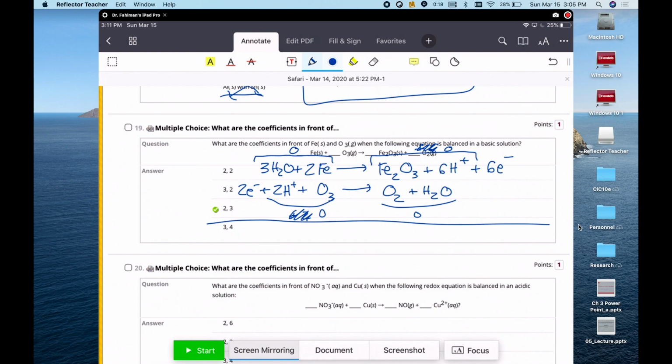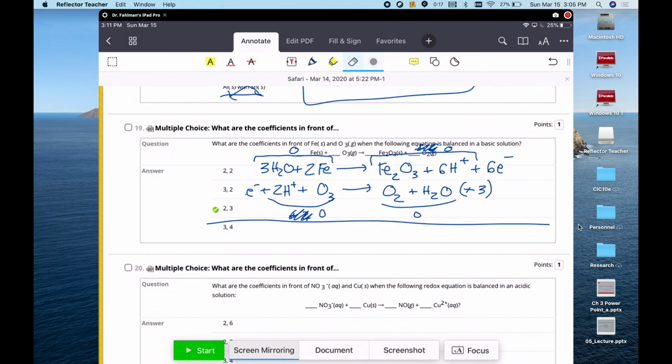Now to add these up, we're going to have to multiply this whole thing by 3 so that the electrons can cancel. So that means we have 6 electrons, 6 protons, a 3, 3, and 3.